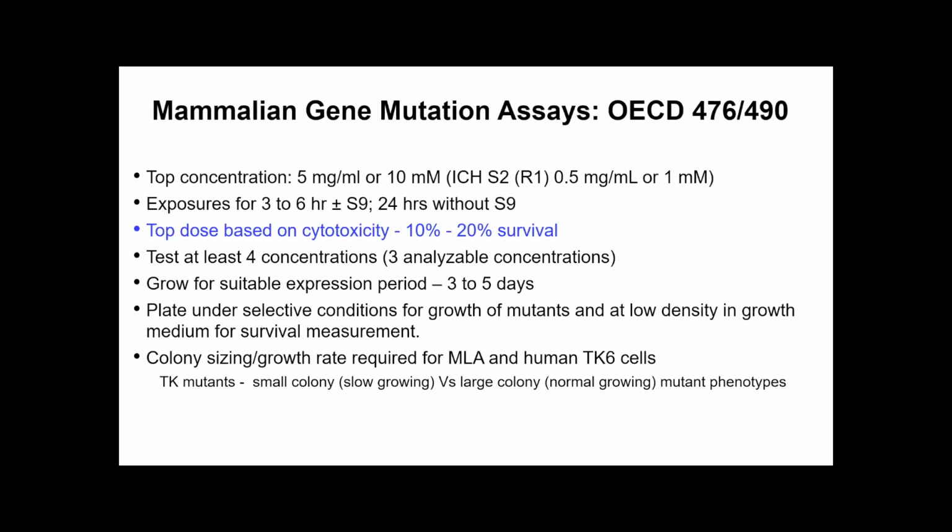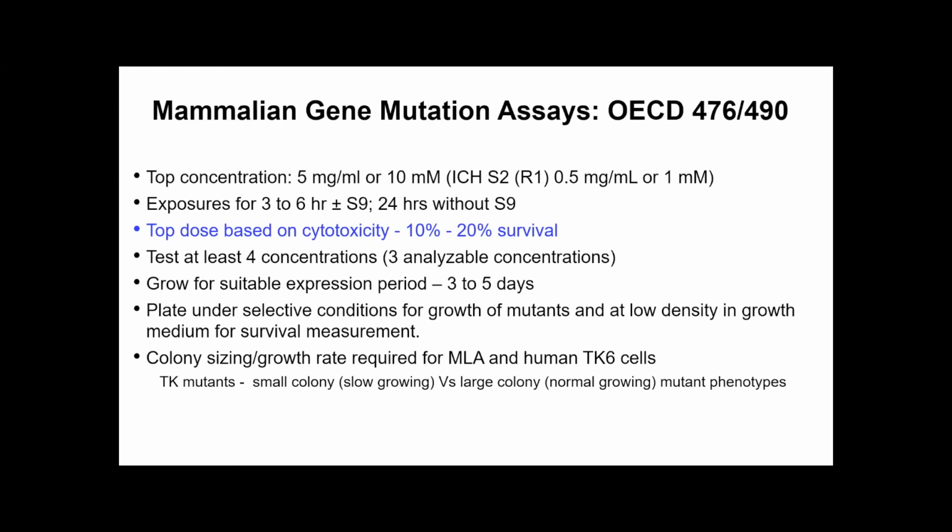You also get these slow-growing mutants, which are mutated outside of that gene. So the idea is the large colony mutants are normal growing; they have a mutation in the TK gene, but it really doesn't affect them that much. They keep growing fine. However, the small colony mutants have mutations that incorporate not only the allele you're looking at, but alleles downstream and upstream that can compromise the cell growth.